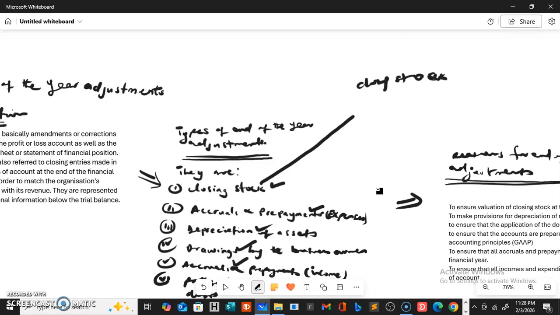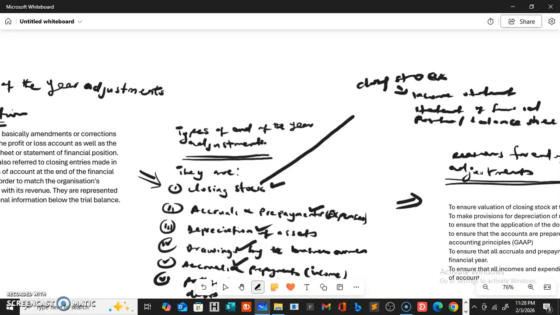That is, we are going to recognize it in the income statement, then we're going to post it to the statement of financial position or balance sheet.